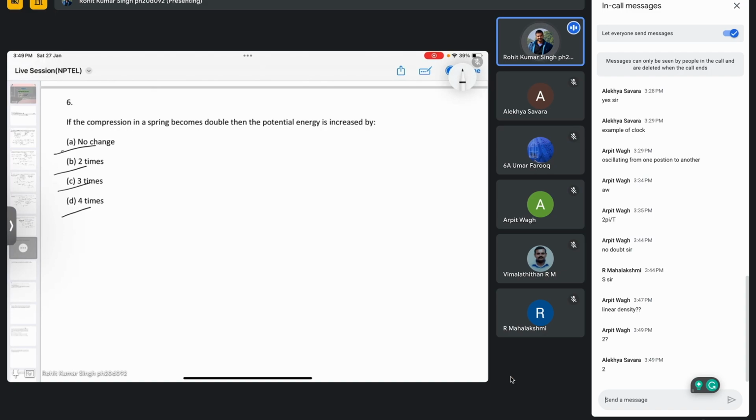Omar, what do you think? Mahalakshmi also says 2.